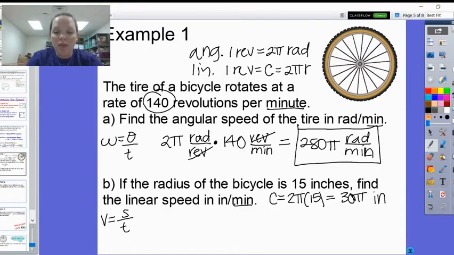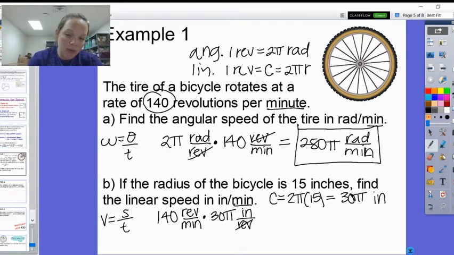Okay, so that is representing my S. And then time is just in minutes. So that's just going to be the same. So again, we're traveling around the circle 140 times each minute. The circumference of the circle is 30 pi. So in 1 revolution, we travel 30 pi inches.